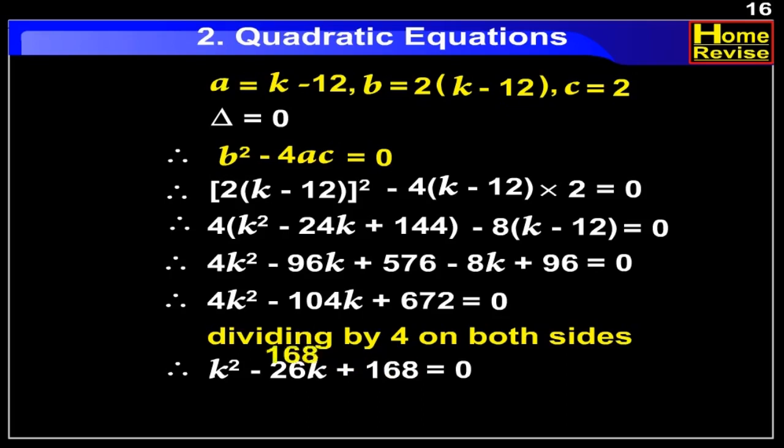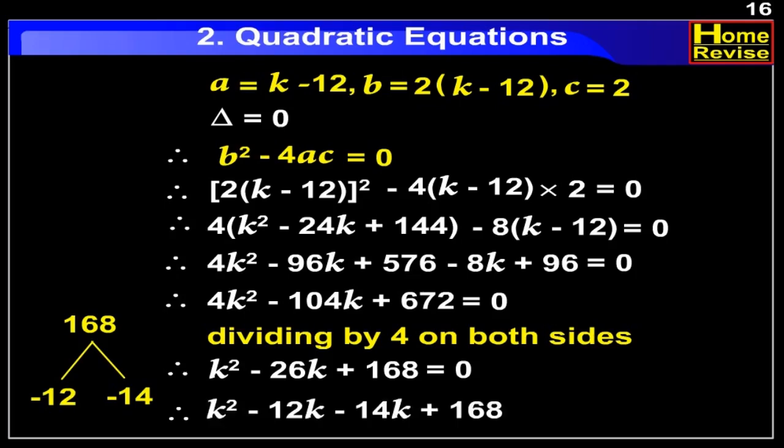Now, factorizing 168 as minus 12 and minus 14, whose sum is equal to minus 26. Therefore, k square minus 12k minus 14k plus 168 is equal to 0.